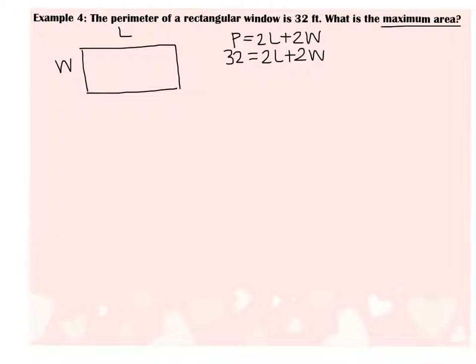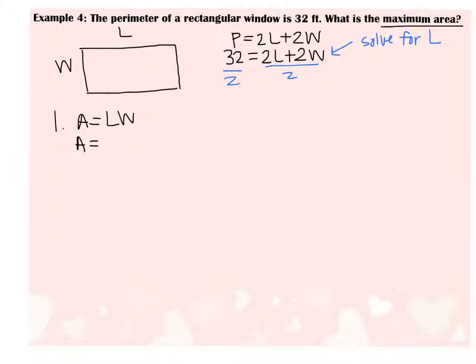So we're still trying to find the maximum area, so I'm going to write an equation for the area. Area I know is length times width, but I need to write that in terms of one variable, either L or W, because I need this to be a quadratic equation. So here, I can choose to solve this equation for either variable. We can either solve for L or W, doesn't matter. I'm going to choose to solve for L just because we did that last time.